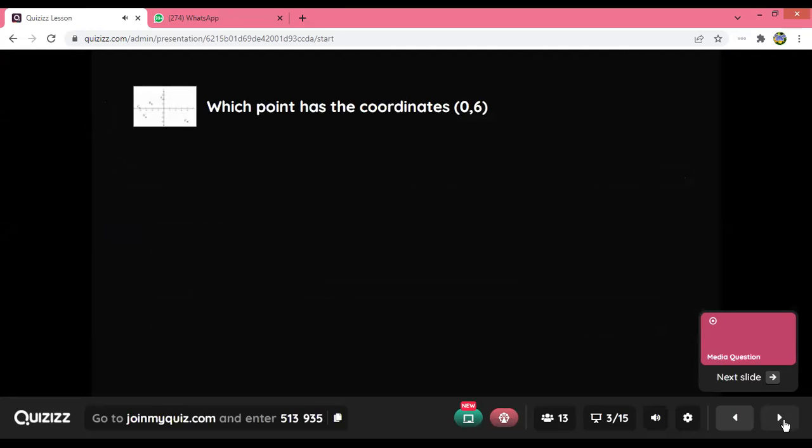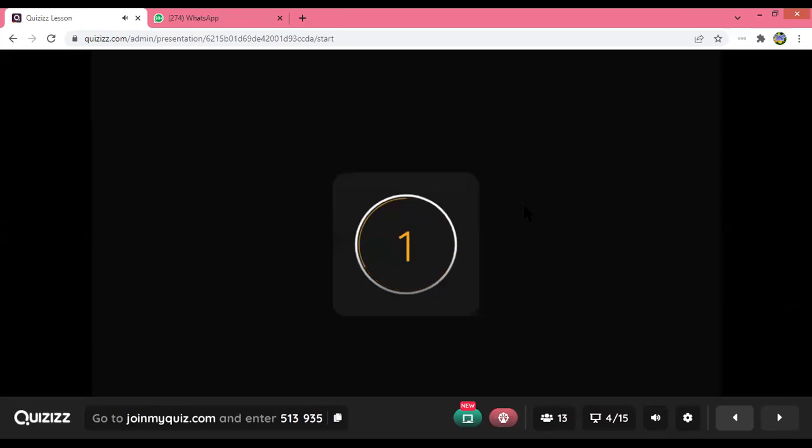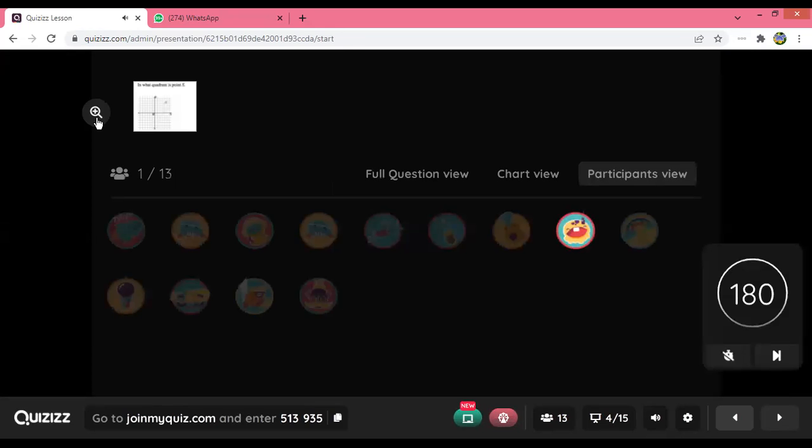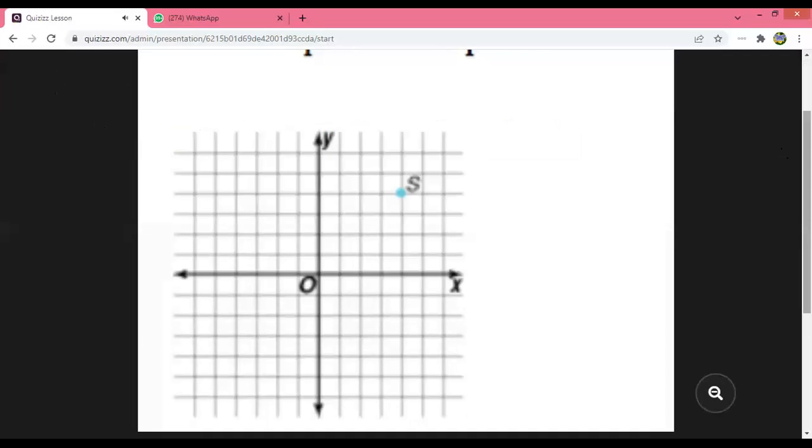Okay, next question. Just a minute, the question is just about to start. In what quadrant is the point S? Look at the point S. Which is that quadrant? Very, very easy question.